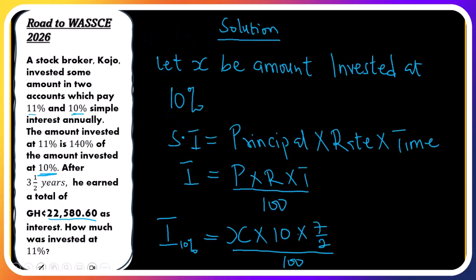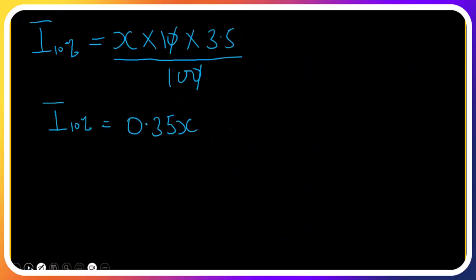The second investment was 140% of the amount invested at 10%. Now the amount invested at 10% was X. Now let's work for the 11% interest.